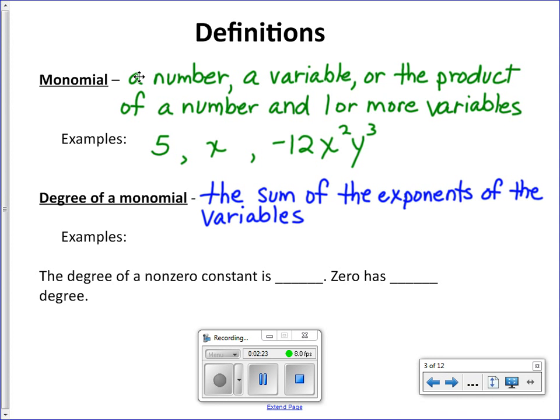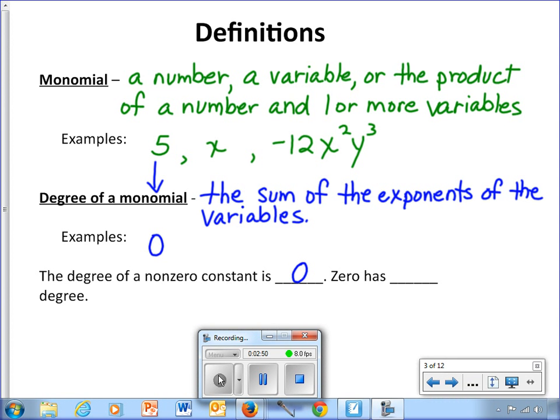All right, and some examples. Let's use our examples up above. The degree of 5 would be 0. And that's because the degree of a non-zero constant is 0.